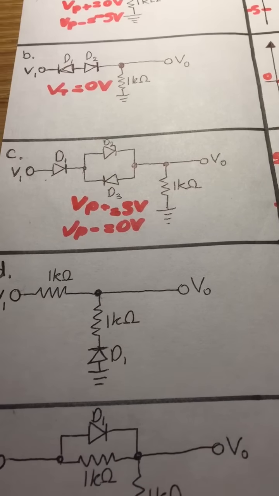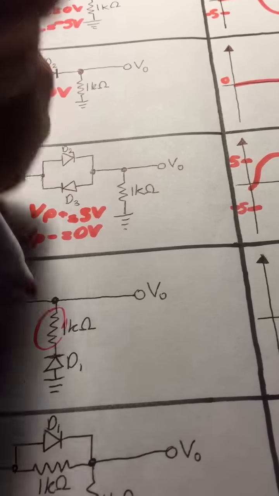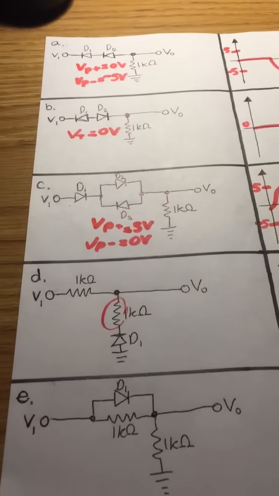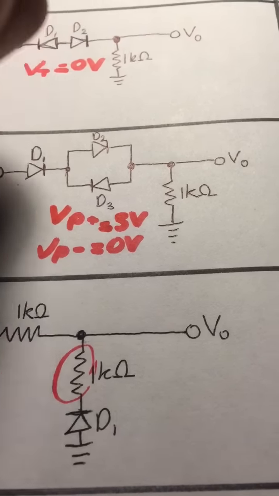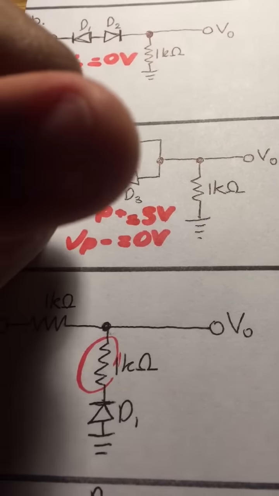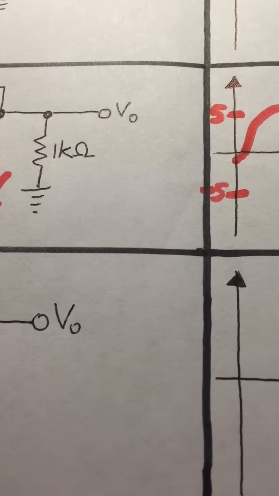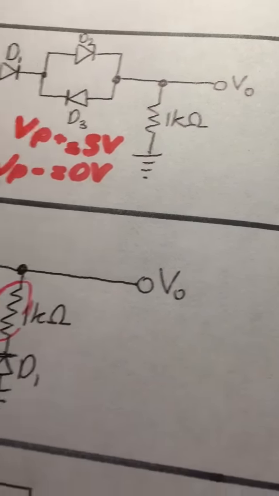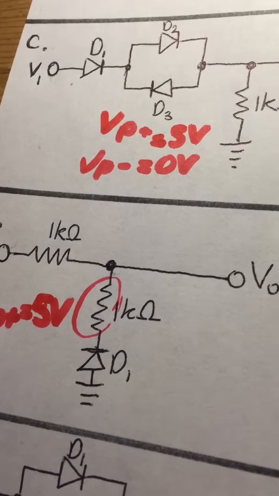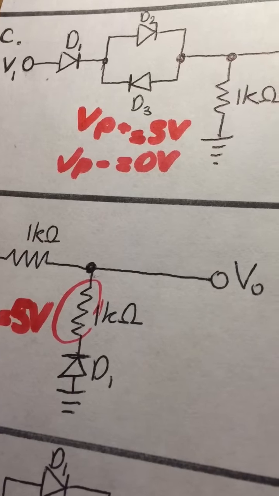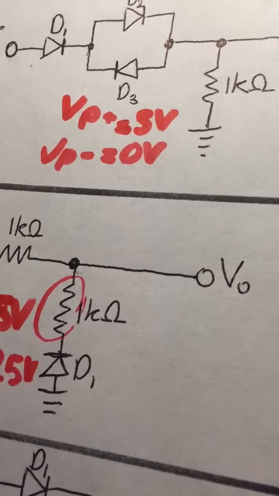The negative voltage, because of this 1k ohm resistor, will get cut in half, so only half of that will actually leave. So in that case, we can say, again, Vp positive equals 5 volts, and Vp negative equals negative 2.5 volts.